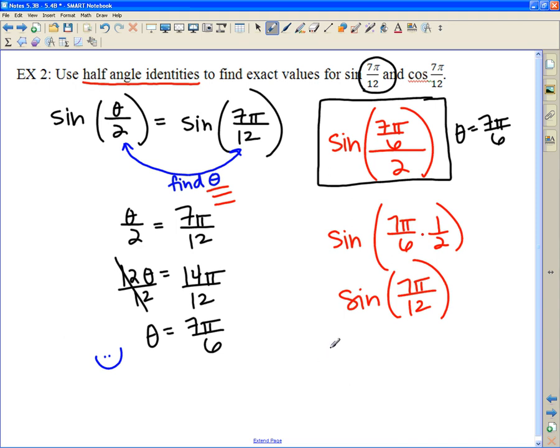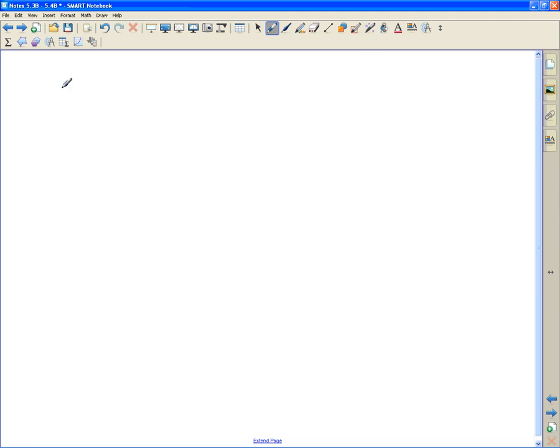I'm going to go on to the next page. So the sine of 7 pi over 6 divided by 2. Go to your identity sheet or your identity outline and look for half angles.